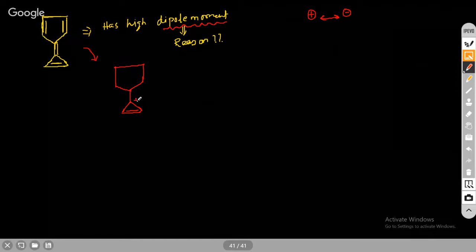Double bond here will have the positive charge, here we have the negative charge, and this double bond will be as it is. Now you see this ring has 6 pi electrons, aromatic, and this ring has 2 pi electrons, again aromatic. So shifting of electrons like this leads towards aromaticity, high stability, and because of this charge separation, the dipole moment is there.